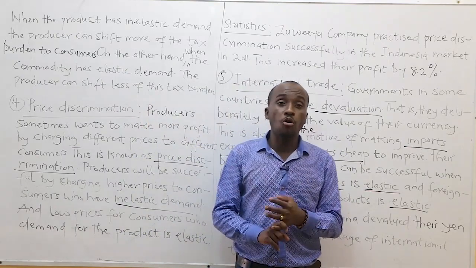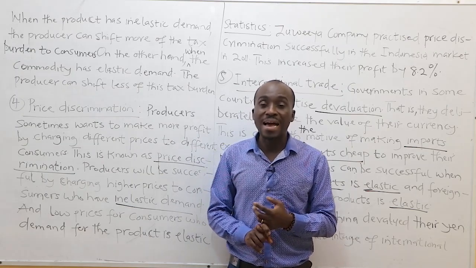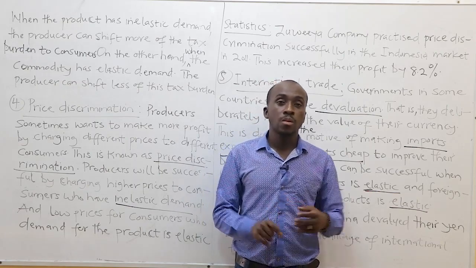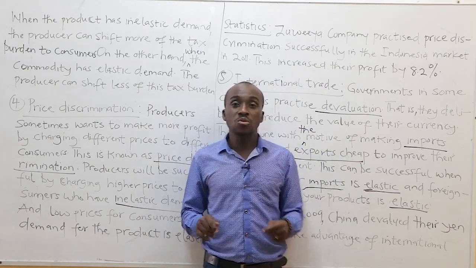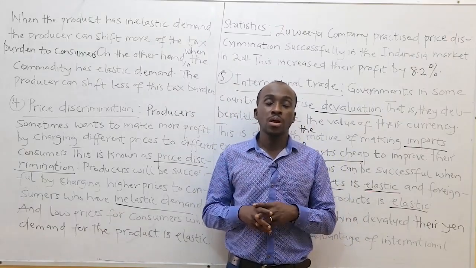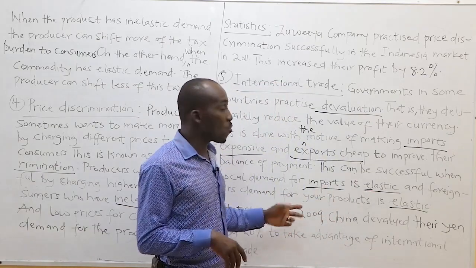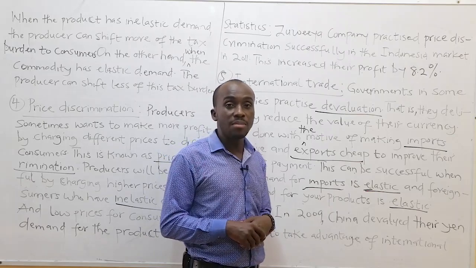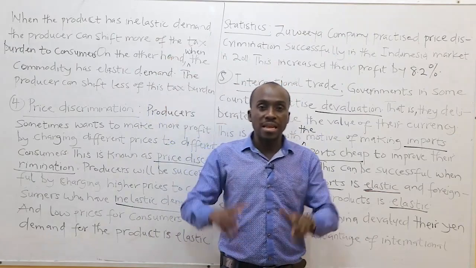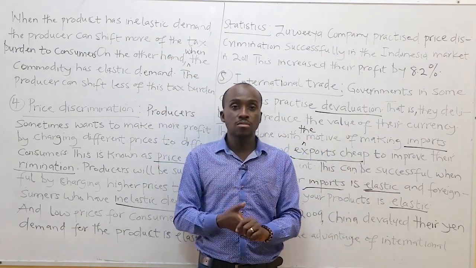devaluation is a deliberate fall in the value of currency, when the government deliberately reduces the value. Why would they do that? They will do that so that their imports will be expensive and exports will be cheap, right? But if it will be successful, it needs the concept of price elasticity of demand. Your local demand for import should be elastic, meaning that when you devalue and the import becomes very expensive, people will shift away from buying the foreign product and buy your domestic product, right?